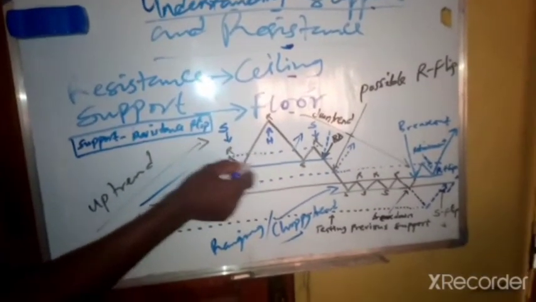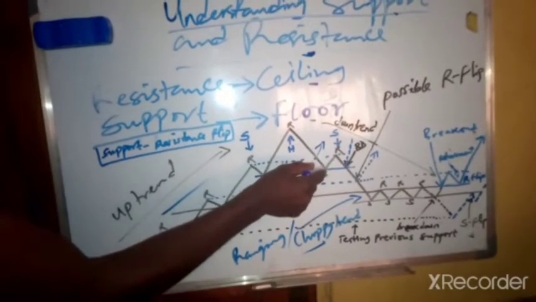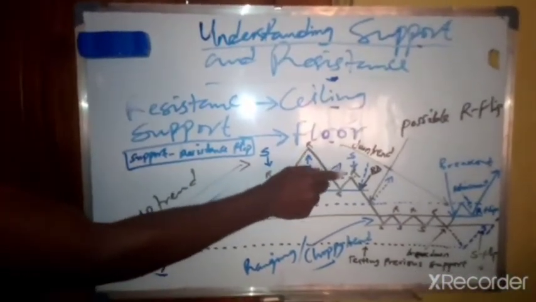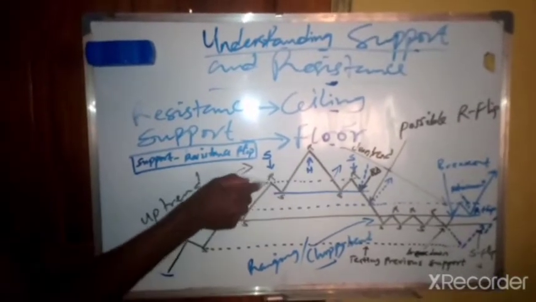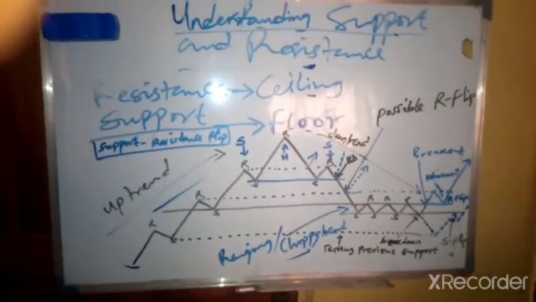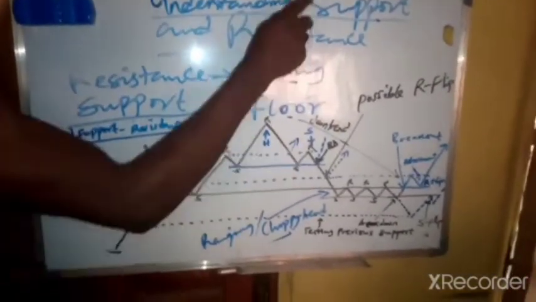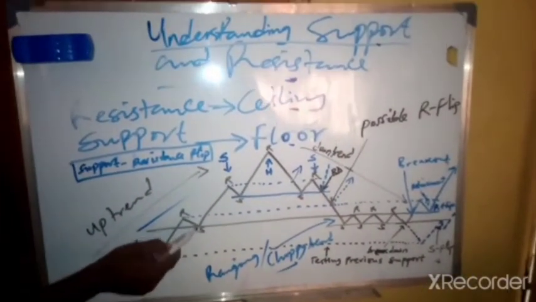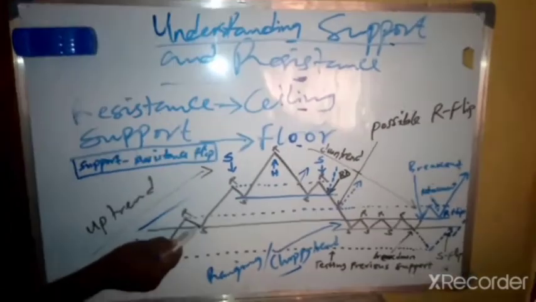Do you understand? So the price gained momentum at this previous support before it made an impulsive move. And when it got to this resistance, instead of breaking it and going up, the resistance acted as a ceiling. So the price couldn't push further, and we saw prices falling down to this previous support.